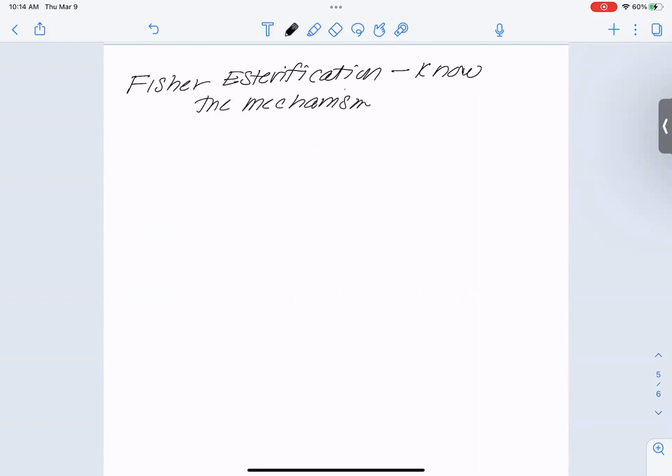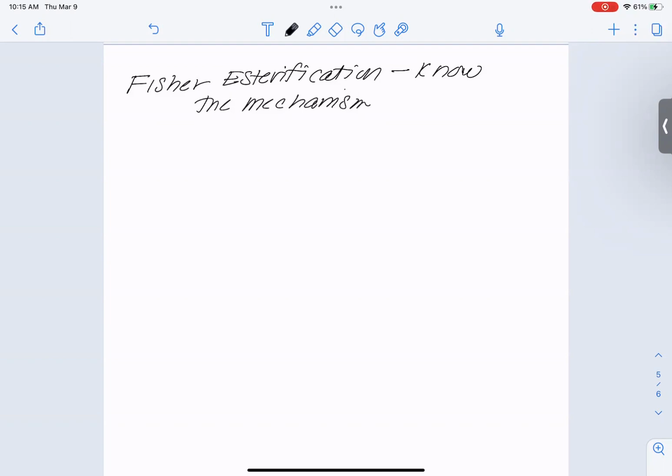So this is the fourth possible mechanism, okay? You need to know a primary amine to an aldehyde or a ketone. You need to know a secondary amine to an aldehyde or a ketone. You need to know an oxygen nucleophile to an aldehyde or a ketone, right? And so now we have a Fischer esterification.